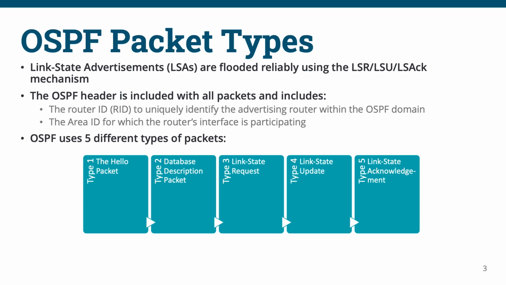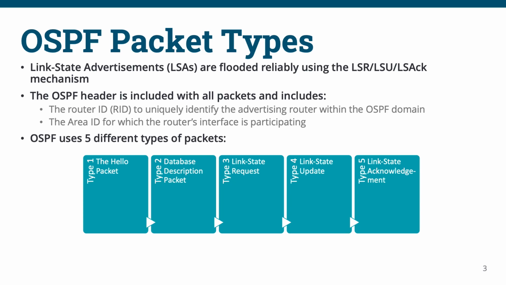To form an adjacency or neighborship means for the devices to agree to forward network reachability information to one another. They will periodically send messages to each other to remind each other that they are still alive, and will engage in a database synchronization process to ensure they both have identical LSDBs. It's worth noting that the terms adjacency and neighborship in this context can be used interchangeably.